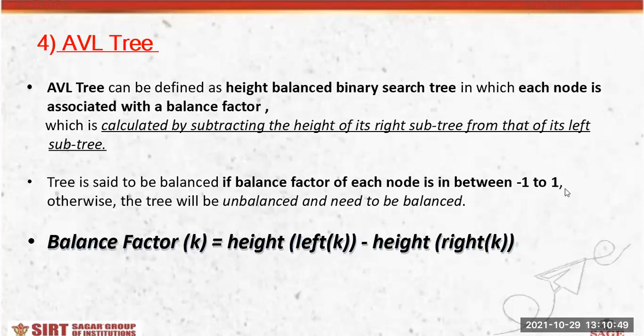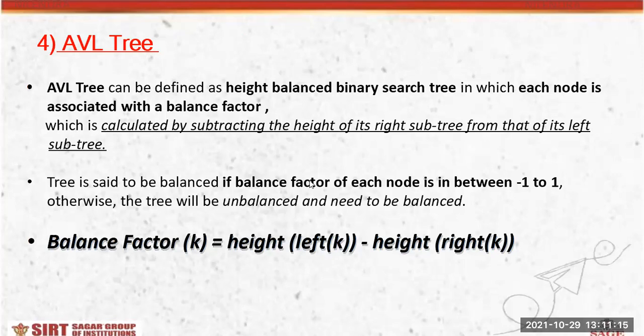Now coming to the AVL tree. An AVL tree is defined as a height balanced binary tree in which each node is associated with a balance factor. It means if I have a particular tree, when I'm traversing it from the root node to the child nodes, I have to keep in mind that the heights of the left subtree and the right subtree should not exceed a particular limit.